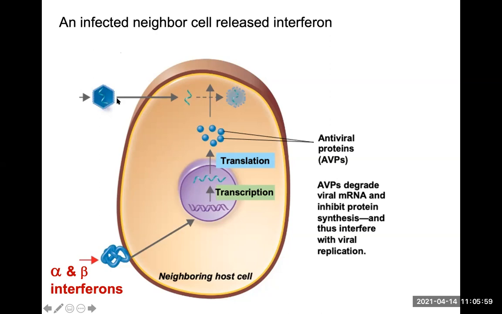But before the virus is able to completely replicate, the interferon has already caused the cell to produce these antiviral proteins that stop the replication of the virus. And so now this cell has been spared from true viral infection, because the virus that entered was not able to replicate. And so this is a very important mechanism for fighting viral infections.